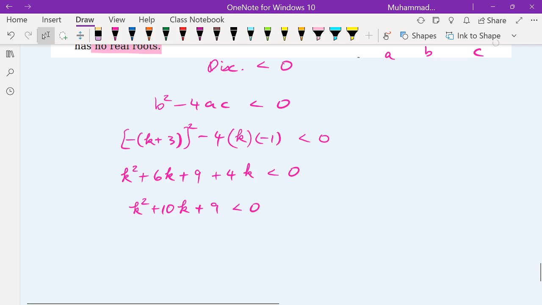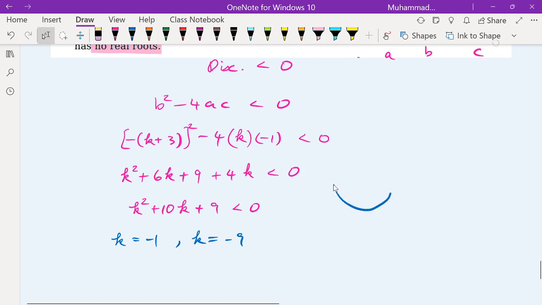You solve it just like your quadratic inequality a while ago. So you find out your k, the roots. 1, 10 and 9: minus 1 and minus 9.